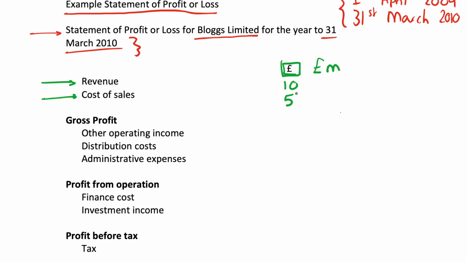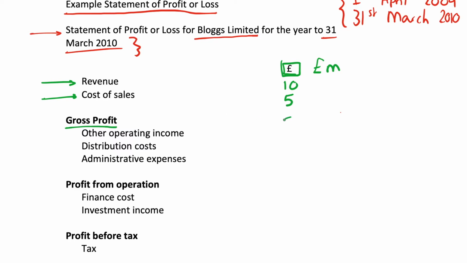I won't go into detail on what these terms mean, as hopefully we've got an idea of what they mean. Otherwise, I will cover these in a future video. Our cost of sales effectively is what it's cost us to make and sell these goods in general, but there are lots more costs that we will factor in. So we will then record our gross profit, which is going to be our revenue minus cost of sales.